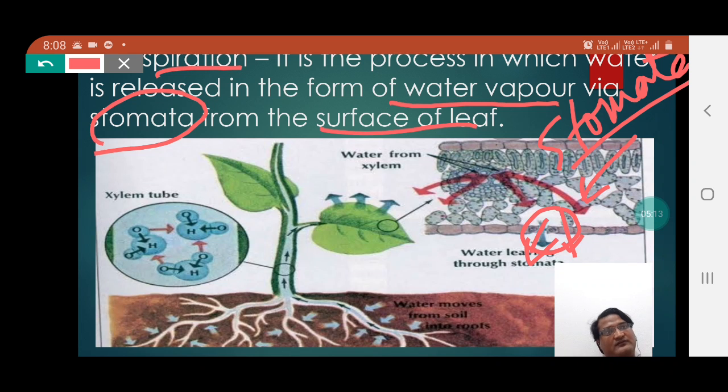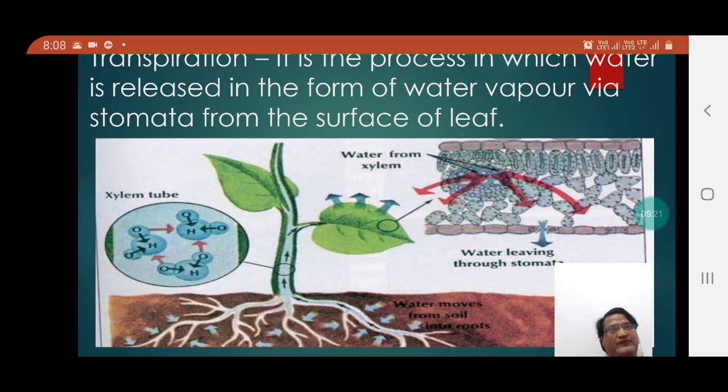Students, transpiration is being showed by these arrows which are moving away from the leaves to the atmosphere.